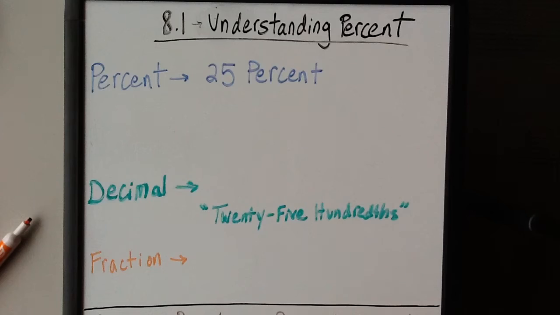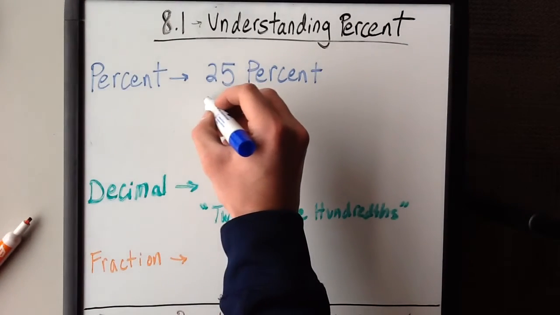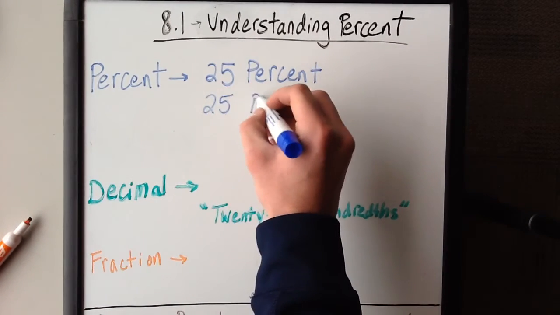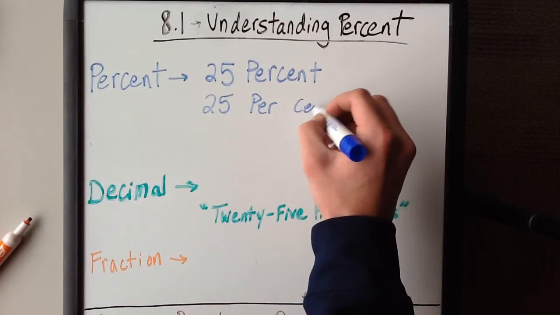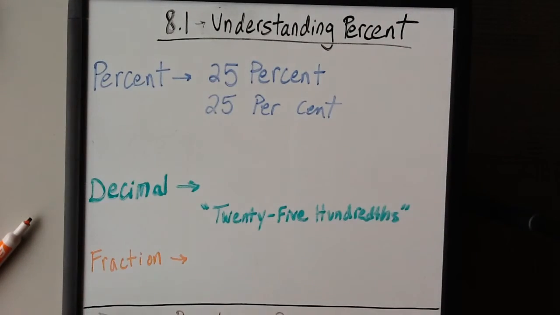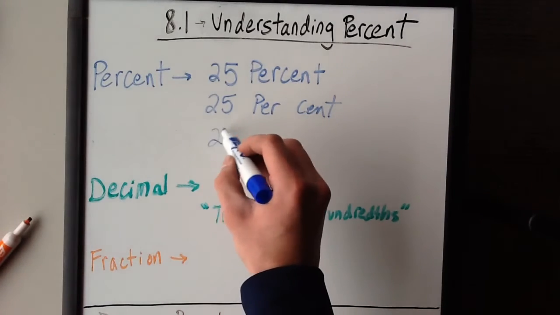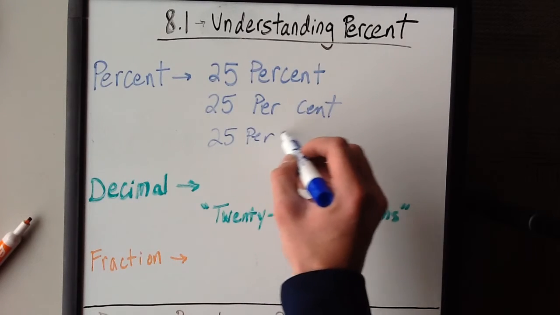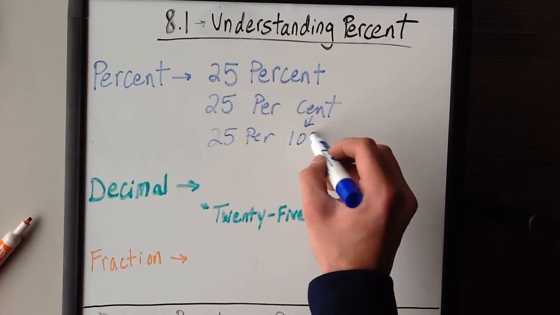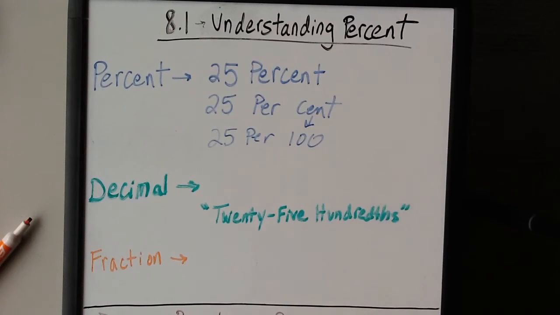First off, 25%, I can also write it like this, 25 per cent. I sort of separate the per and cent. What this means is 25 per 100, because cent means 100. Think of the word century.